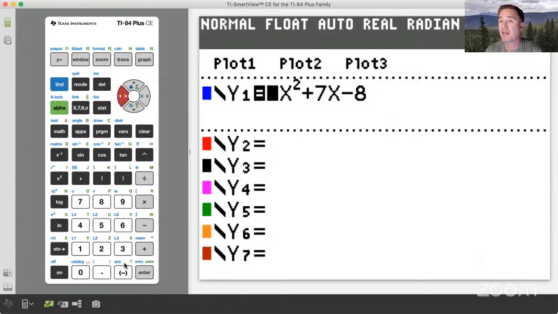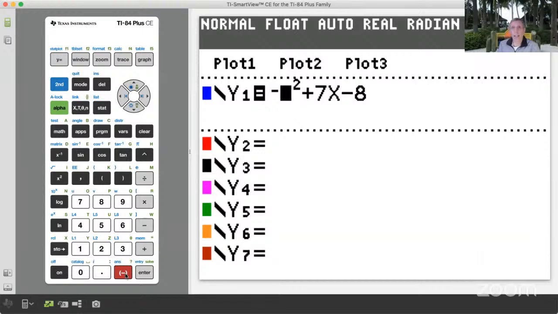He defined L1 in terms of that Y1, and that worked great for the first calculation. But then if he arrows back up and sees list one, it's actually just going to be the list of those values. But you can store or lock an expression, like a formula, if you will, in there.